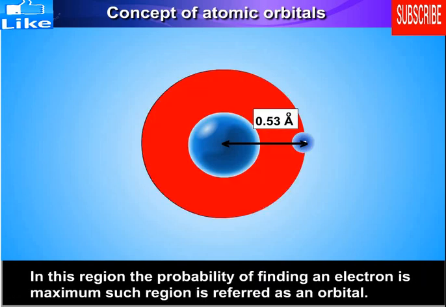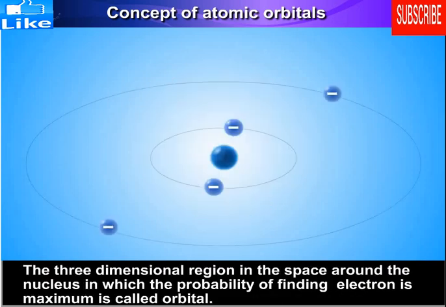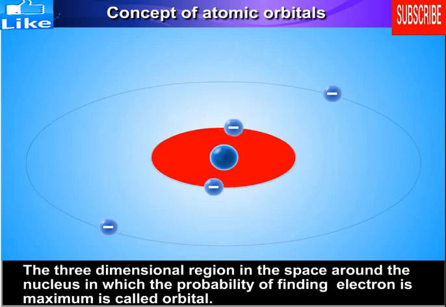In this region, the probability of finding an electron is maximum. Such region is referred as an orbital. The three-dimensional region in the space around the nucleus, in which the probability of finding electron is maximum, is called orbital.